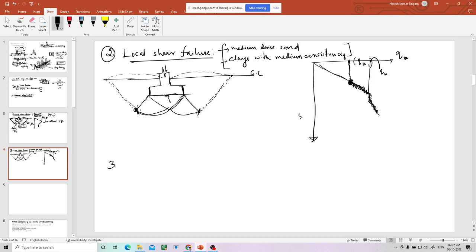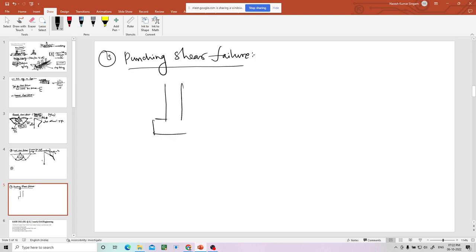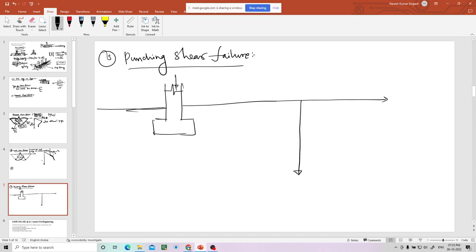And the third one is punching shear failure. In punching shear failure, again we'll go for the load settlement graph. I'll take it here also with large settlements.